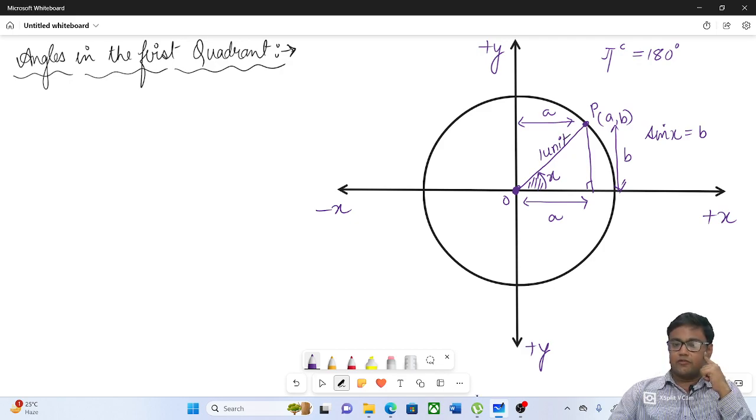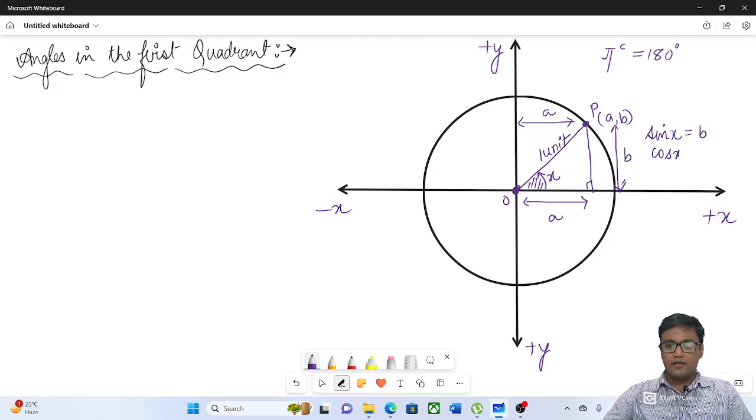This hypotenuse, children, is of 1 unit, that is for ease of learning the concepts and the problems easily, we have taken the radius as 1 unit, though we know that the radius is the absolute value, that is, it is always positive. We have to take only the positive sign, not the negative sign. The radius cannot be negative of any circle, so it is positive. So, in order to ease the process of our calculation, we have taken it as 1 unit.